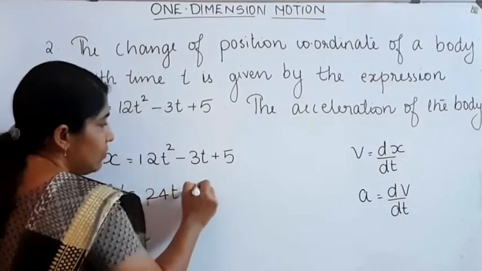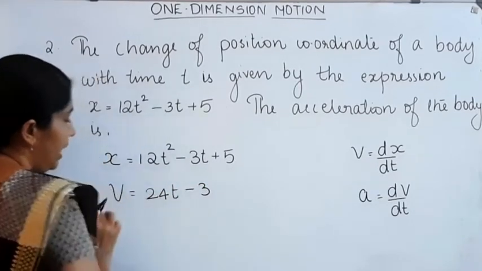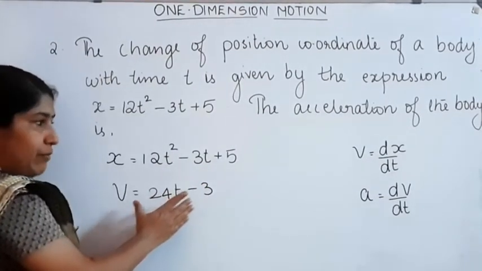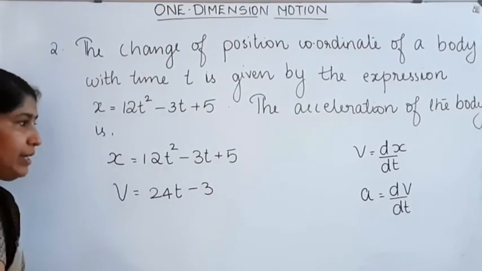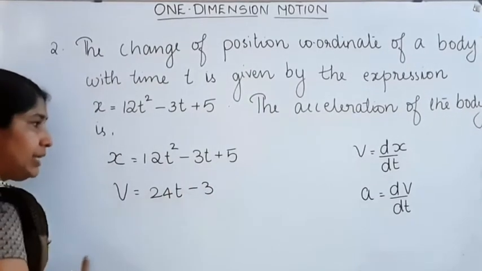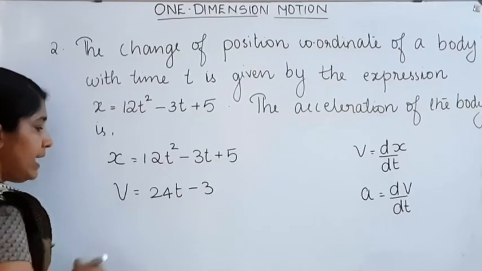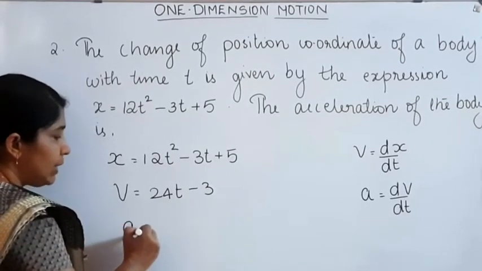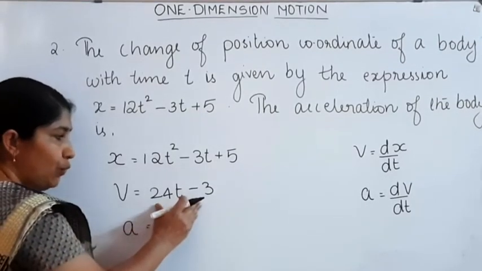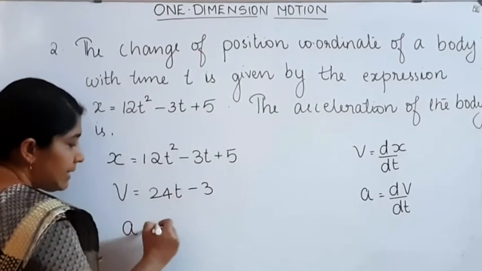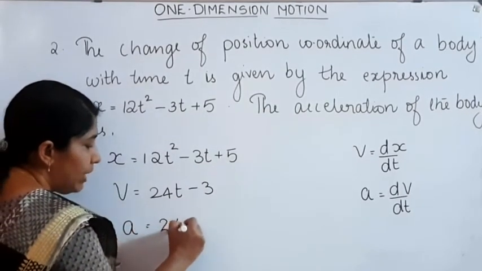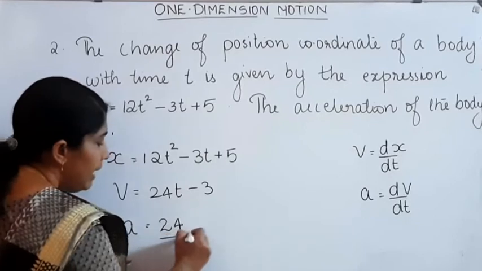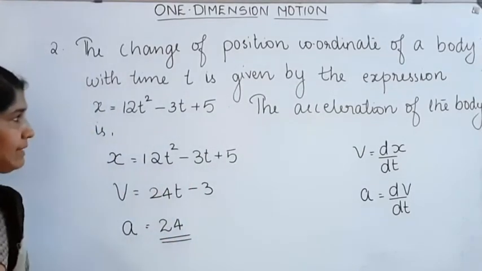When we take the derivative, it becomes 24t minus 3. From velocity, we want to find the acceleration. To find the acceleration, take the derivative of velocity. Then acceleration a becomes equal to 24. This is the value of acceleration.